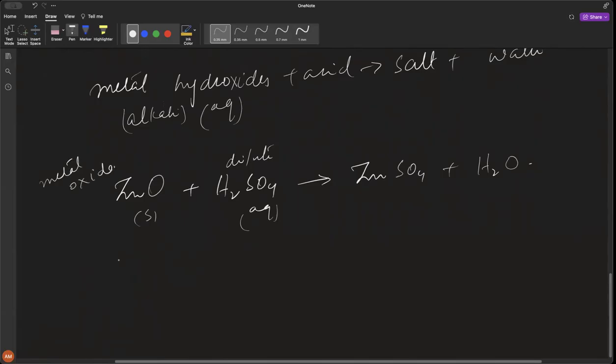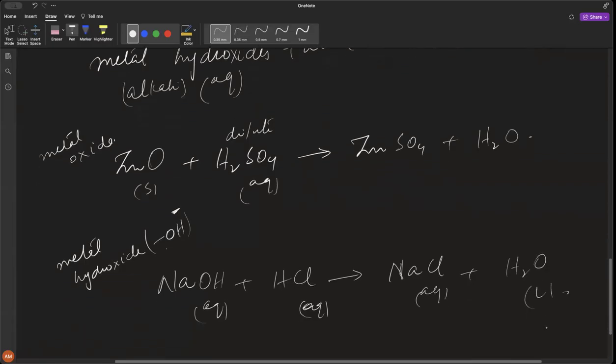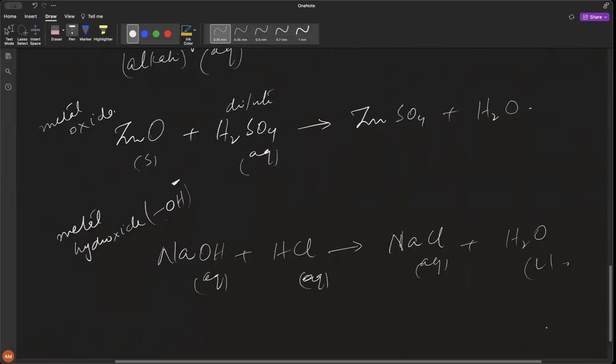And for metal hydroxides, this is called the hydroxide ion basically, there's a negative charge. So let's take sodium hydroxide plus HCl, which is a very common reaction. It gives NaCl, aqueous, plus water, which is liquid. Is this clear?